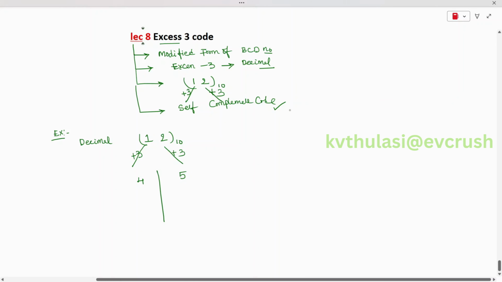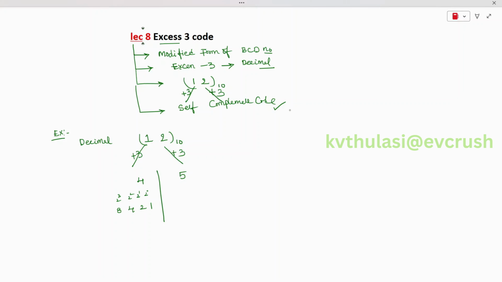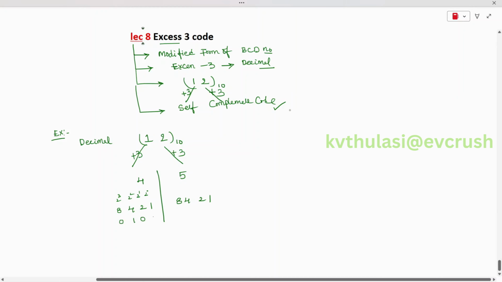So we know this BCD code has 2 to the power 0, 2 to the power 1, 2 to the power 2, as well as 2 to the power 3. This we can write as 8421 code. Similarly here also we are going to have 8421 code. So 4 is written as 0100, and 5 is written as 0101.